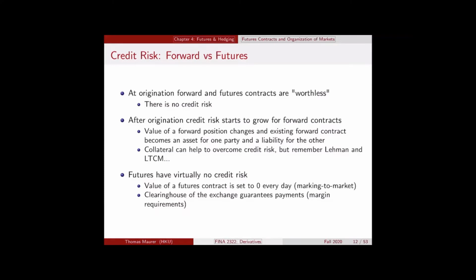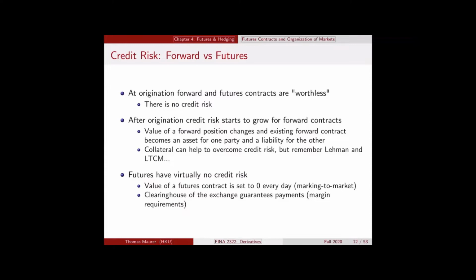Now, after the origination, prices start to move, and then there might be some positive or negative value to you as a trader. Let's suppose that the price of the underlying starts to increase a lot. That means that the long position now actually has a positive value in the forward contract, while the short position has a liability.